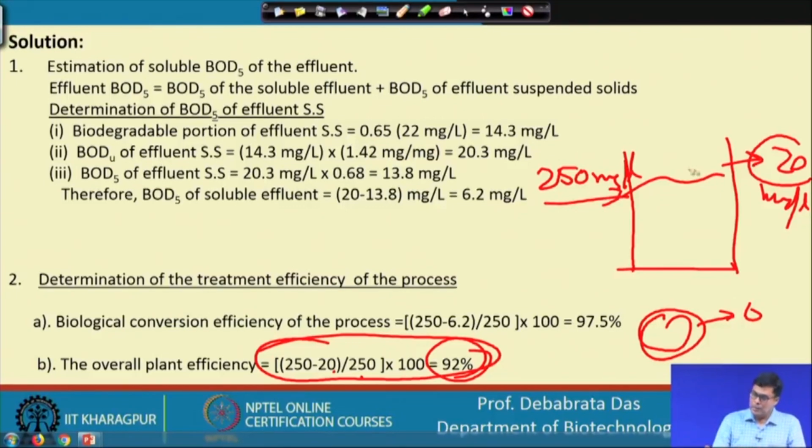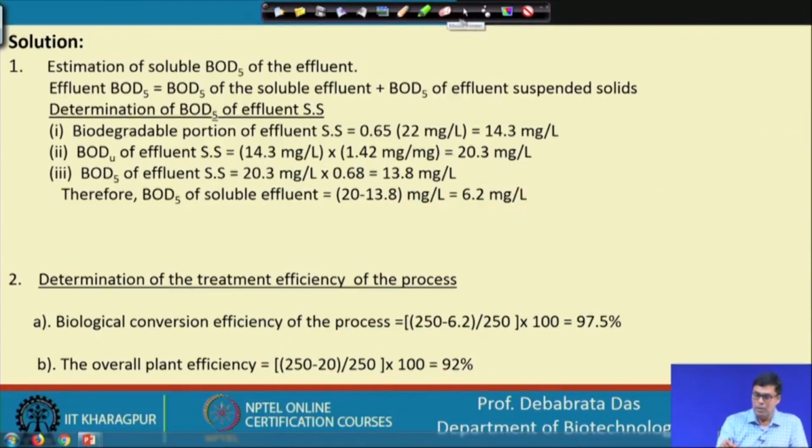Due to the inefficiency of the separation process, some of the cell mass might remain in the outgoing liquid. So the BOD5 of this insoluble cell mass has to be determined, because the actual BOD5 of the effluent comes to about 6.2 milligram per liter. This is the actual BOD5 of the effluent.